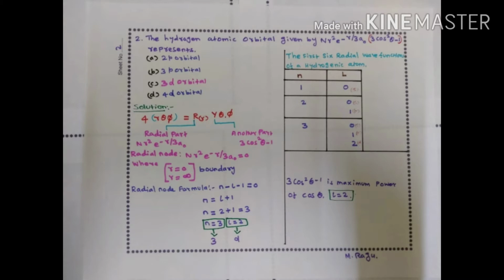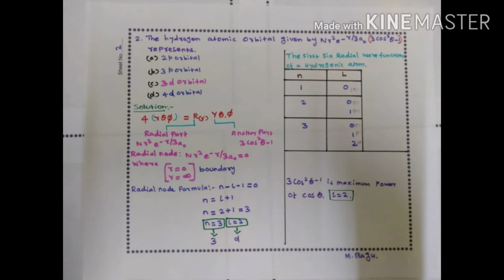The radial node formula: n minus L minus 1 is equal to 0. N is the principal quantum number, L is the azimuthal quantum number. So n is equal to L plus 1, n is equal to 2 plus 1, which is 3. N is equal to 3, L is equal to 2.